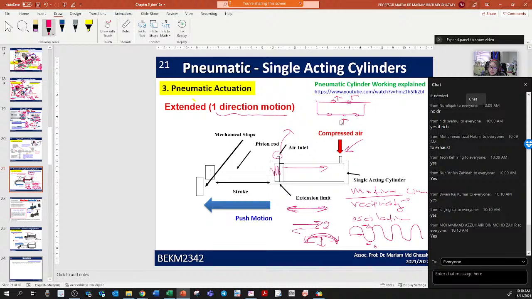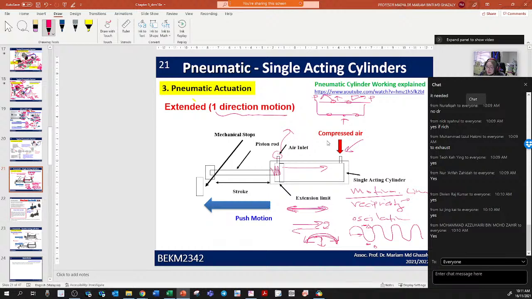For one directional motion, you only have one inlet port to send the compressed air, so it's not necessary to use a control valve.